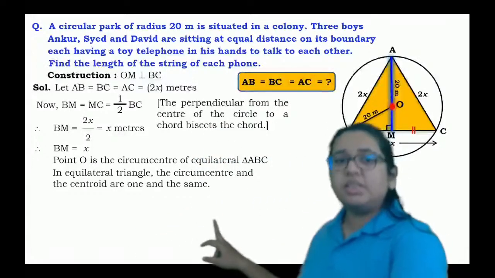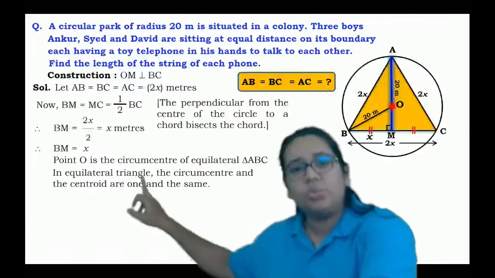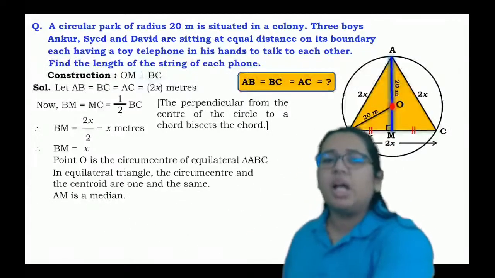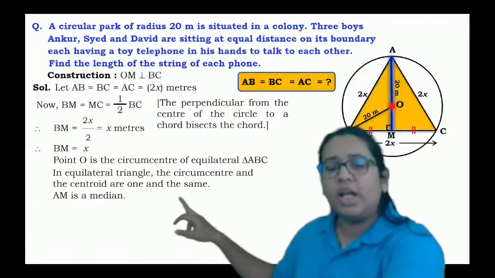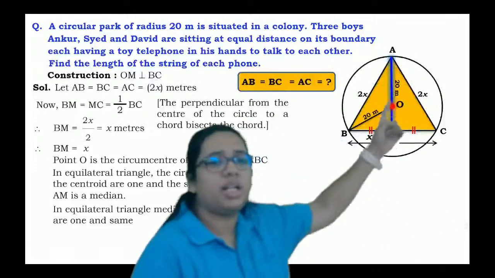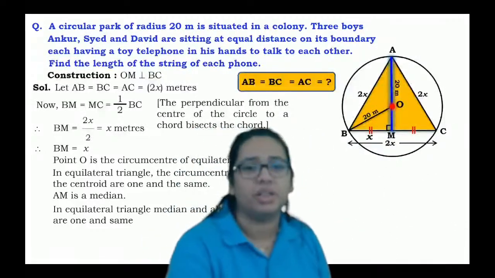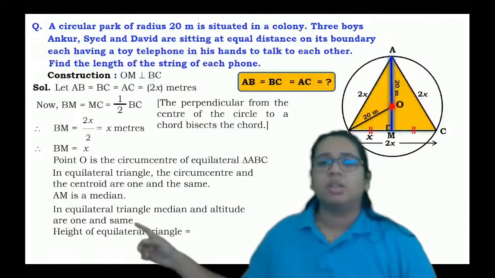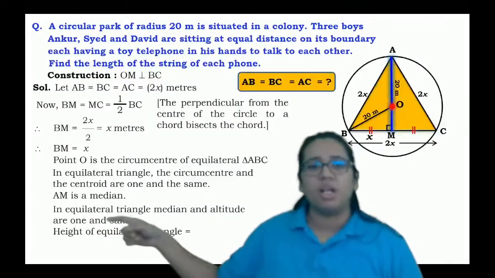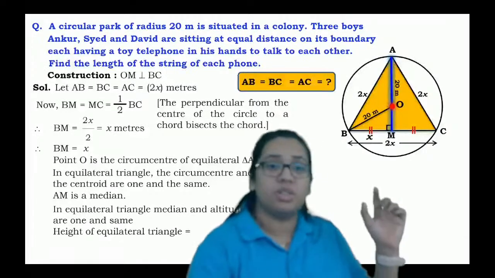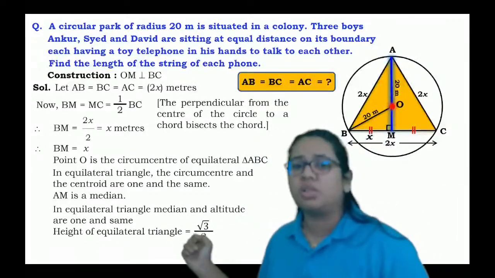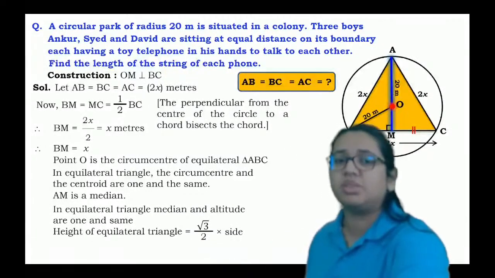We know that in an equilateral triangle, circumcenter and centroid are one and the same. It means that AM is nothing but a median. In an equilateral triangle, median and altitude are one and the same. So altitude is nothing but height, and height of an equilateral triangle is √3/2 times side.